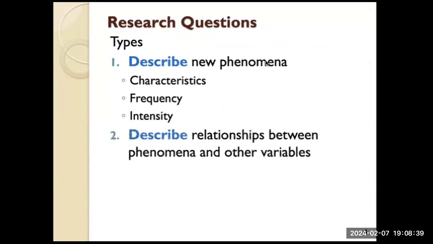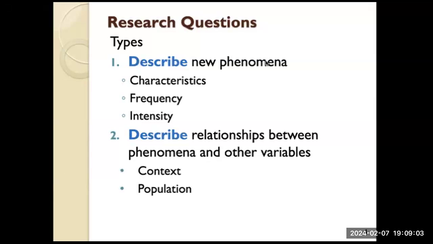Another type of research question might be to describe the relationships between phenomena and other variables. So once you know the variables involved in a specific phenomenon, now we want to know, how do they relate to each other? Are there systematic patterns that we can find that help us understand this phenomenon more? So a lot of times we'll look at context.